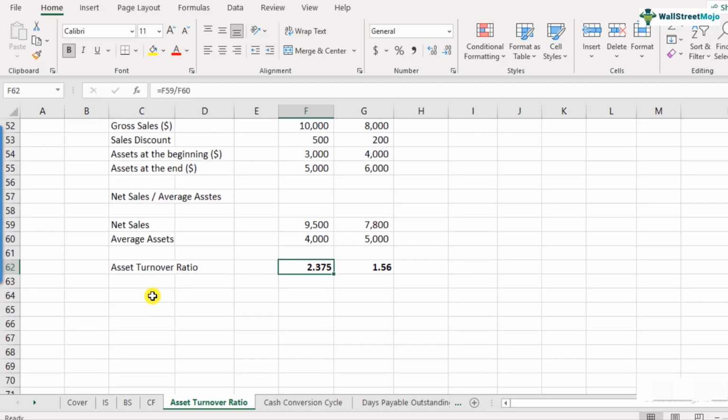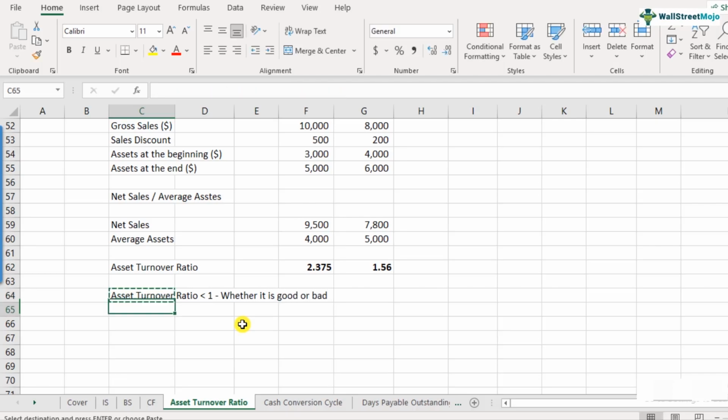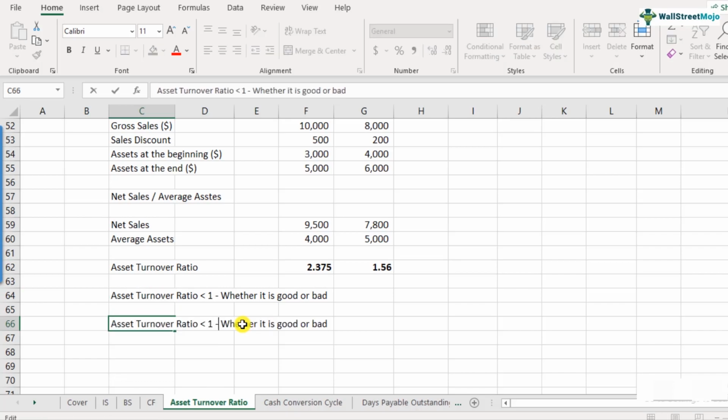Now, the next question is: if the asset turnover ratio is less than 1, is it good or bad? And when the asset turnover ratio is greater than 1, is it good or bad?